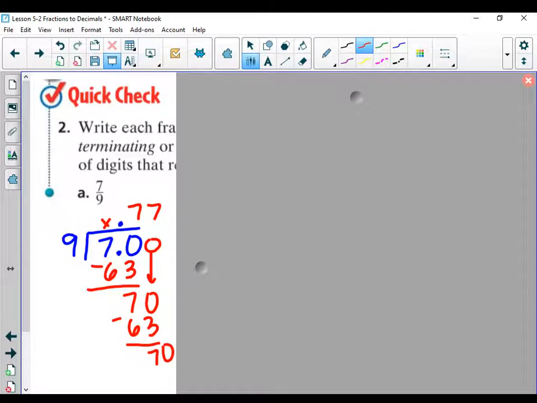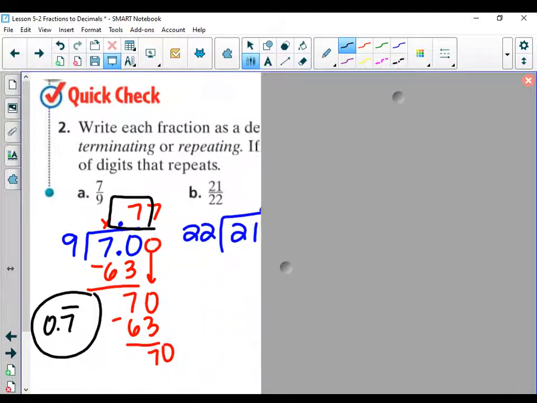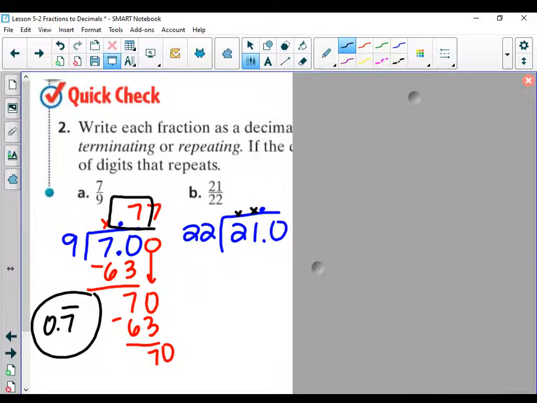Hey, I keep getting the same thing. What repeats? 77? No. Just 1 7 repeats. Two 10. What? You mean I have to do a side problem? Or an above problem?